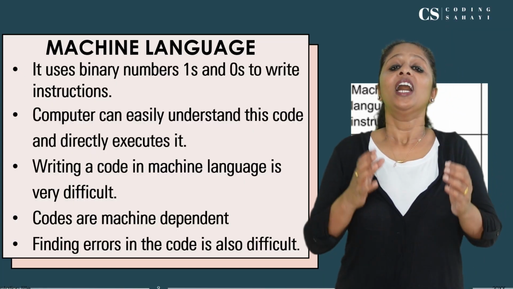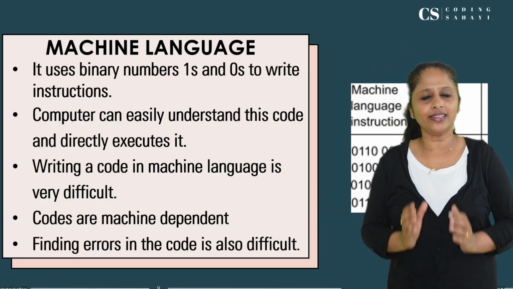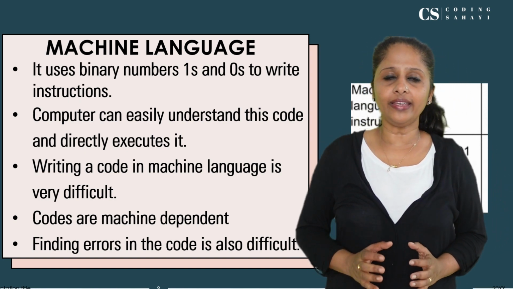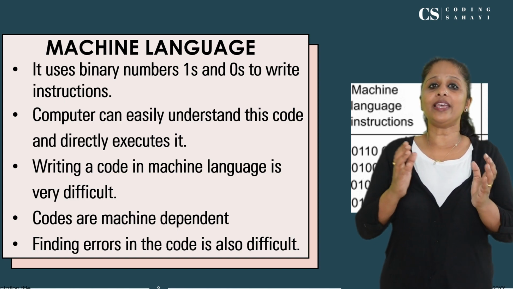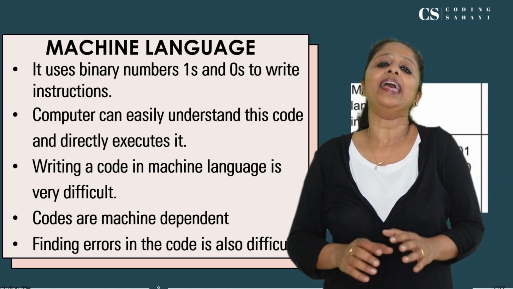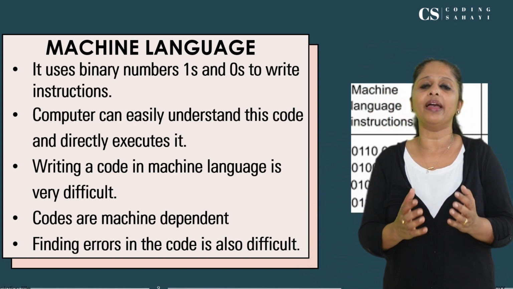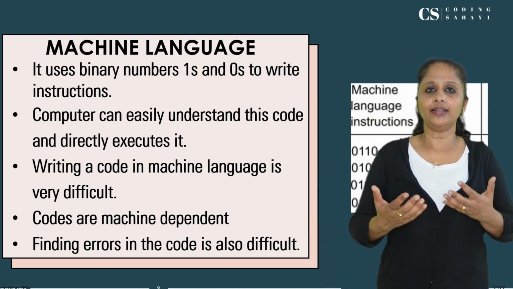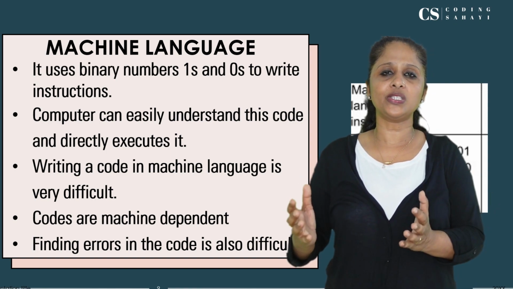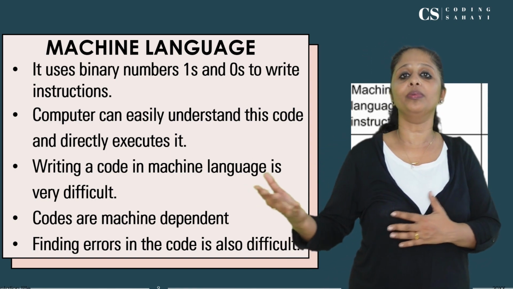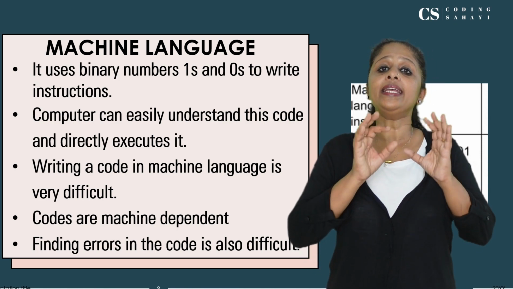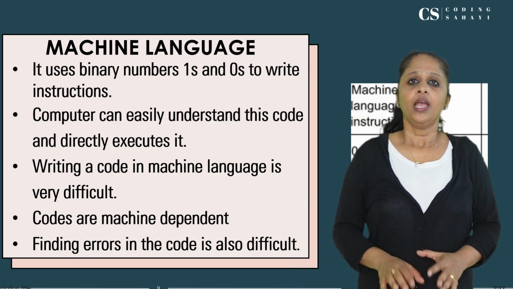Machine language. Computer can understand only this language. It uses zeros and ones to write the instructions. Zeros and ones are known as binary numbers and this language is also known as binary language. We are using decimal numbers. That is, from 0 to 9 we are using to write the numbers and the combination of numbers. But in machine language, it is using only 0 and 1.